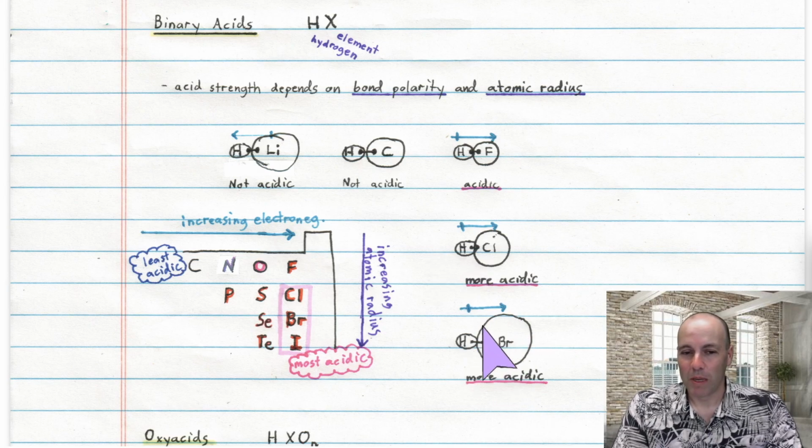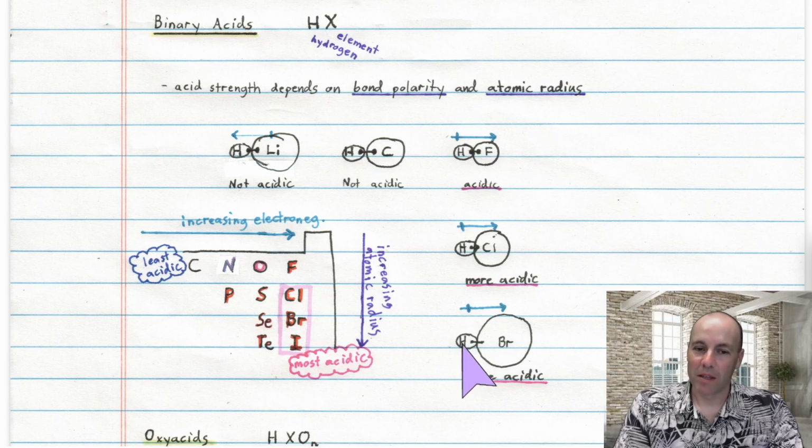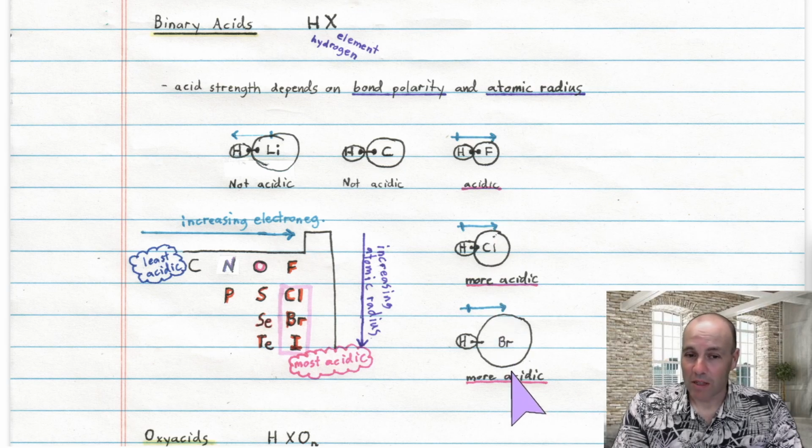In HBr, the bromine atom is so large that hydrogen is way out here now, and it's very easy for hydrogen to detach. So acidity actually increases as you go down this column, even though bromine is a little less electronegative than chlorine and fluorine. So even though the electronegativity decreases a bit going down here, the atomic radius is very important.